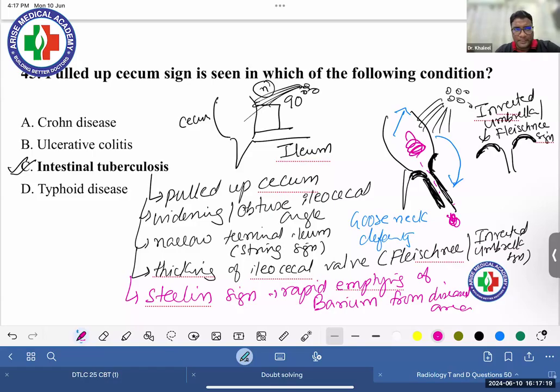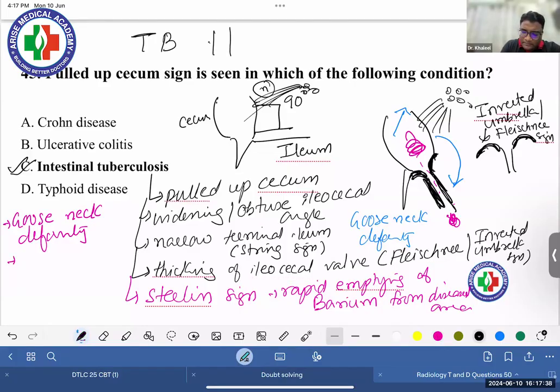Once again, pulled up cecum, widening or obtuse ileocecal angle, narrow terminal ileum, inverted umbrella or Fleshner's sign. You have a gooseneck deformity of the ileocecal region. And remember, TB produces transverse ulcers, whereas typhoid produces vertical, longitudinal ulcers.